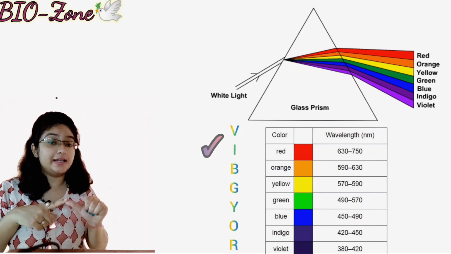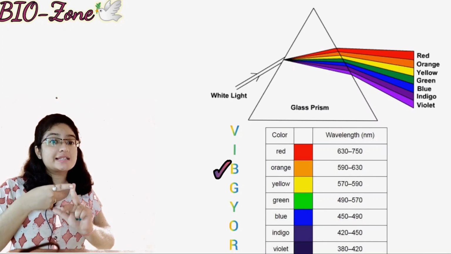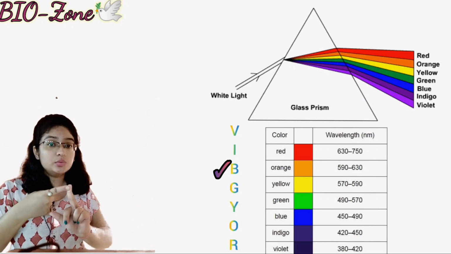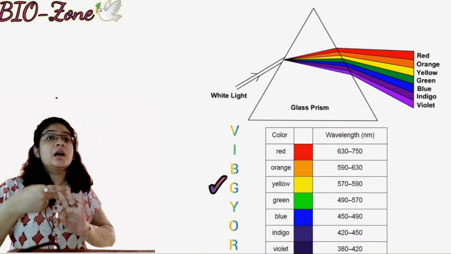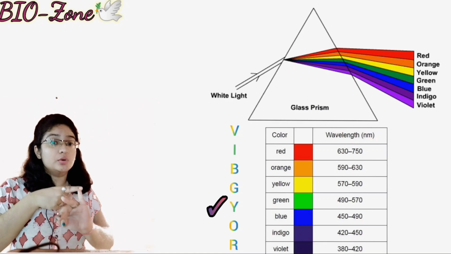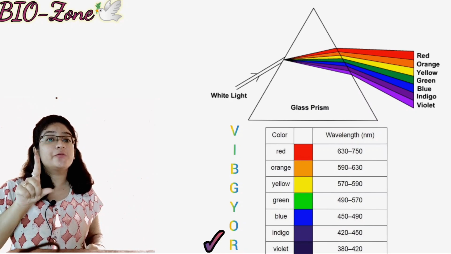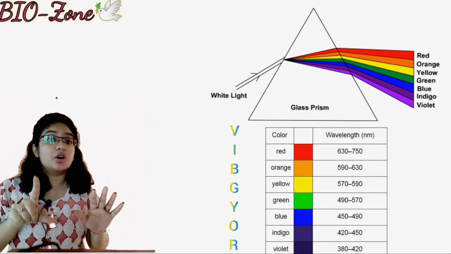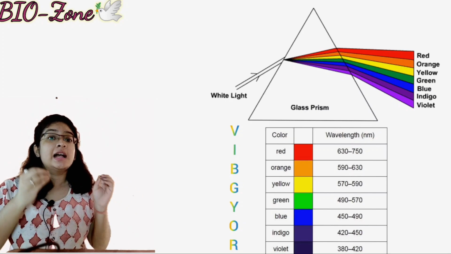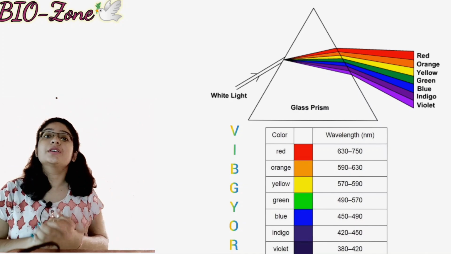V stands for violet, I for indigo, B for blue, G for green, Y for yellow, O for orange, R for red. So this mixture of 7 colors is the white light. The white light can split into these 7 different colors.